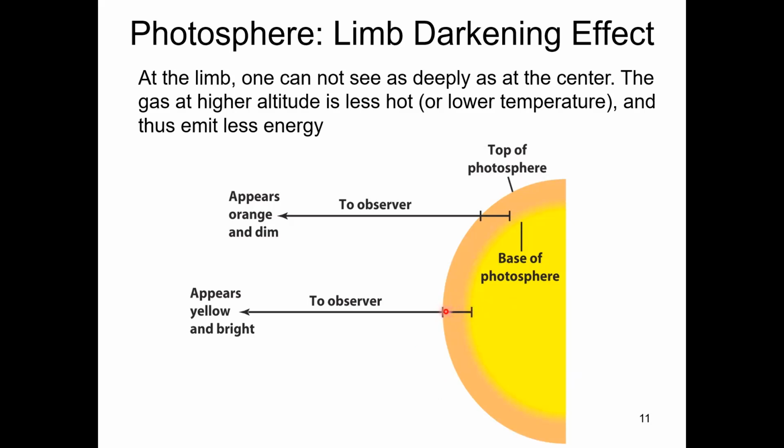Now, look at how much energy is dissipated from here to here, and then compare it with a spot, an area over here on the limb. All the photons that we see, let's say the observer is over here, will have to travel a longer distance, maybe 3-4 times the distance that this photon has to travel.